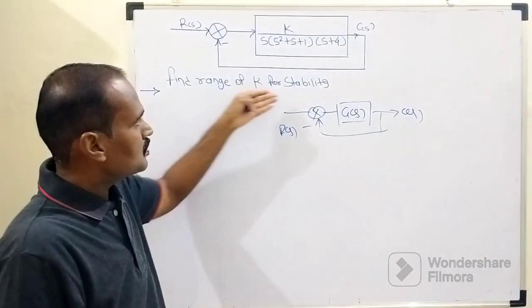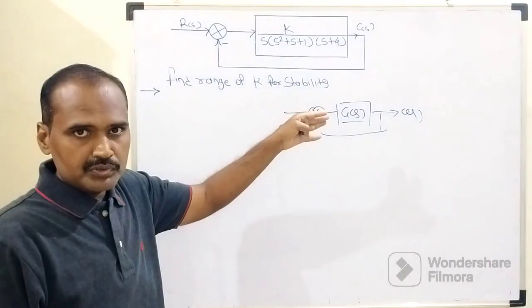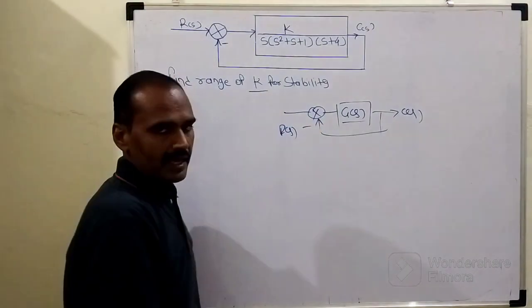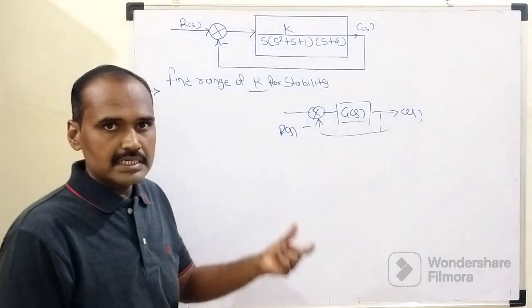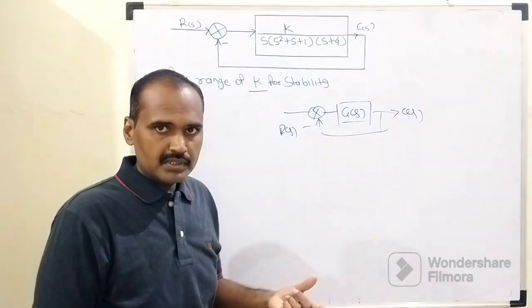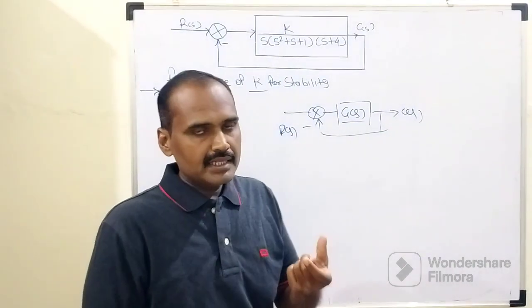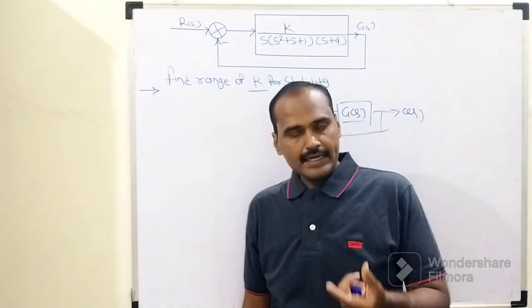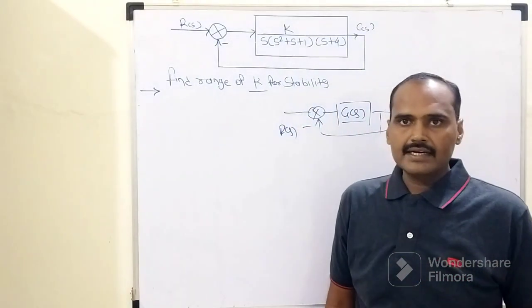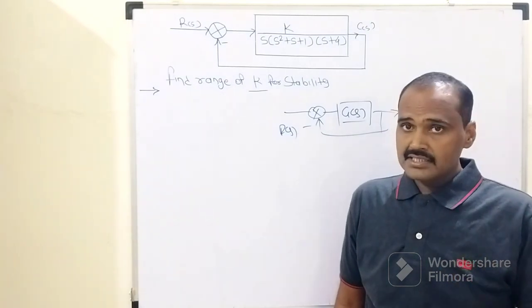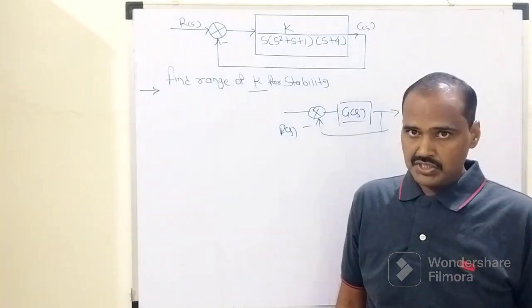Here, from the stability point of view, we need to decide the range for the unknown variable K, which is denoted in the forward path. For that purpose, whether it is the Hurwitz criteria or the Routh stability criteria, it always deals with the characteristic equation of the transfer function, right?